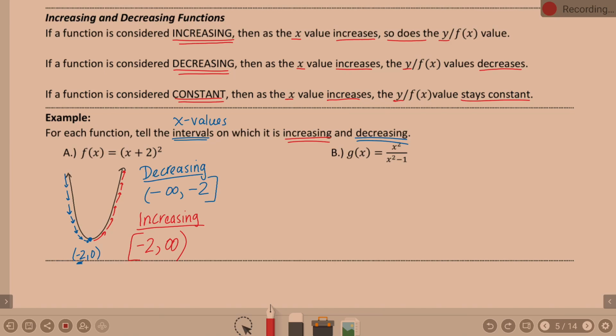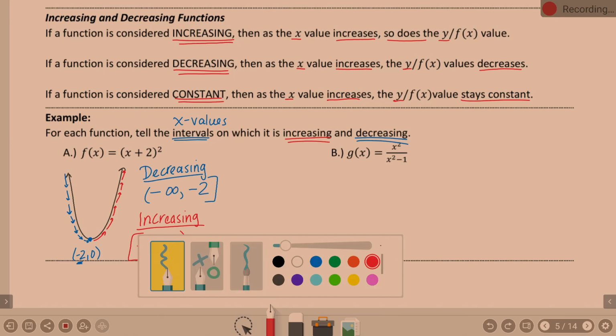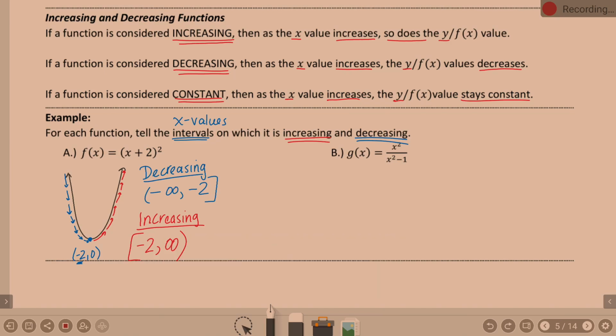Let's try B then. G of x equals x squared over x squared minus 1. I think we get a fancier graph this time, don't we? Okay, guys, we've got this graph to look at, right?